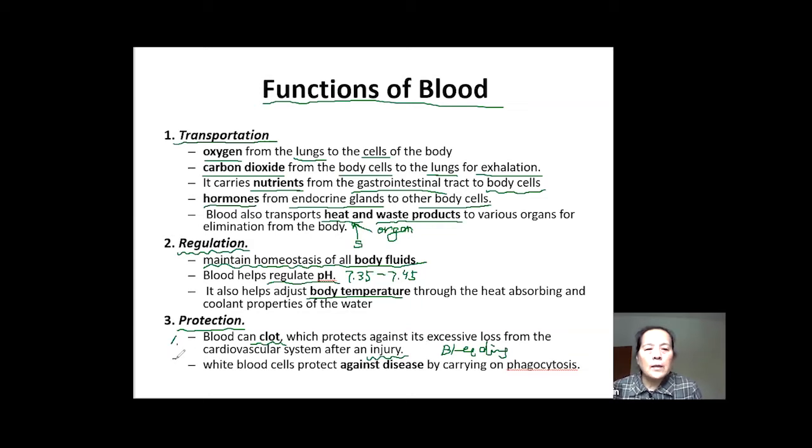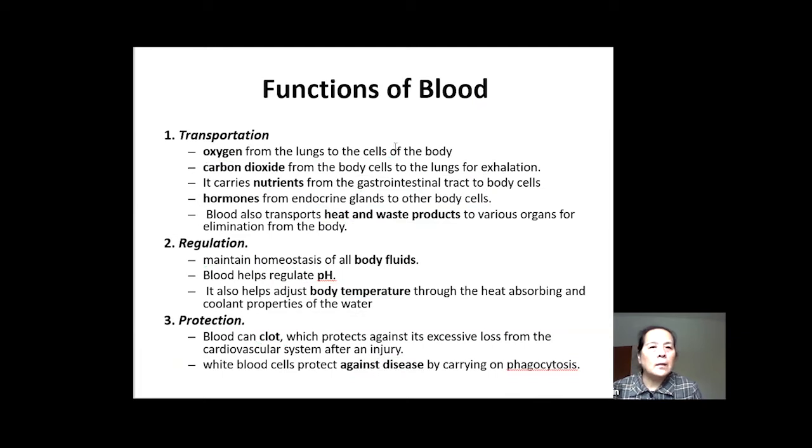Another part is the protection function. We have some special cells and antibodies that can act against illness, especially those caused by pathogens like viruses and bacteria. So that's the function of the blood.